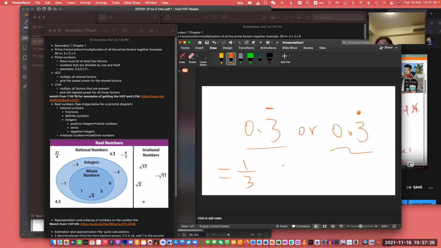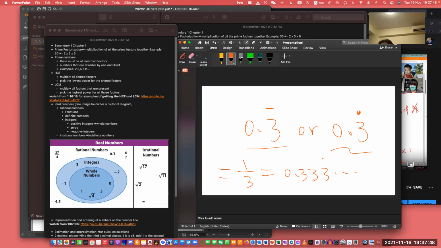I don't know. Okay, so the meaning of this is, in fact, what if you have 1/3? If you try to find the decimal number of the fraction 1/3, you are going to have 0.3 and then 3 all the way, and it never stops. So there is a better way to represent this 0.33333 non-stop.